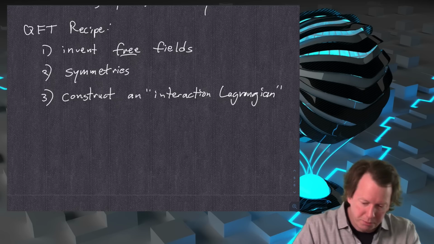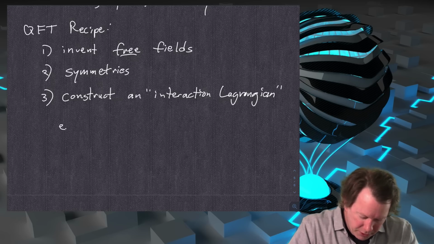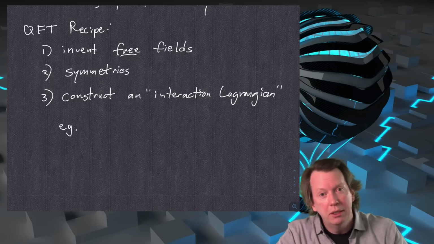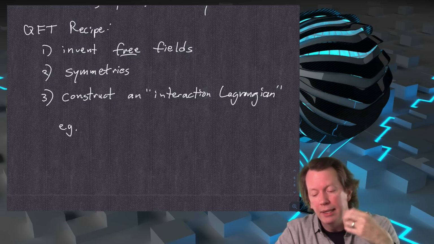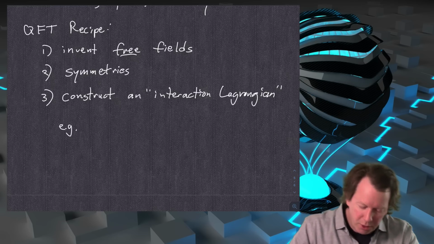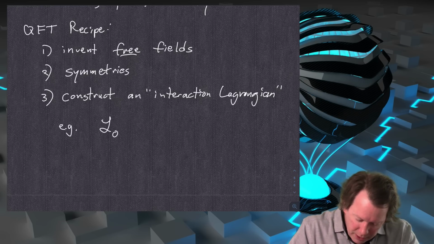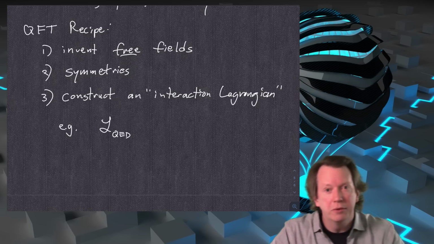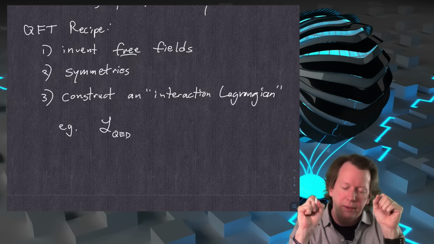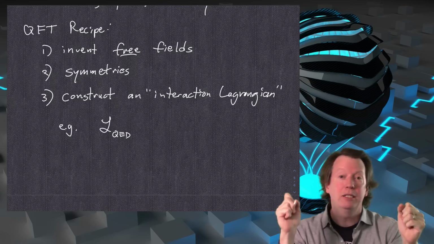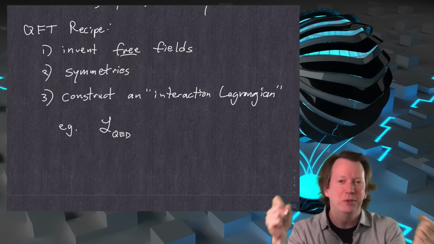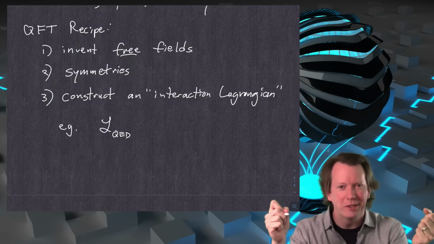So for example, we already have an example of one interaction. An electron, a positron, and a photon can interact with each other in a certain way. So we write L_QED. It's the interaction Lagrangian for quantum electrodynamics. And I should pause to mention that in a real quantum field theory textbook, they will spend pages and pages introducing new notation and a lot of Greek letters and things like that.